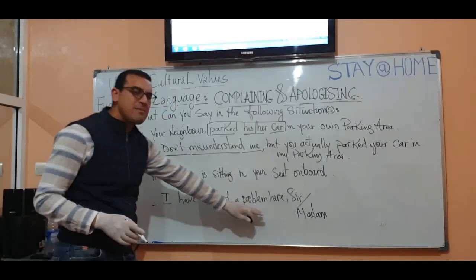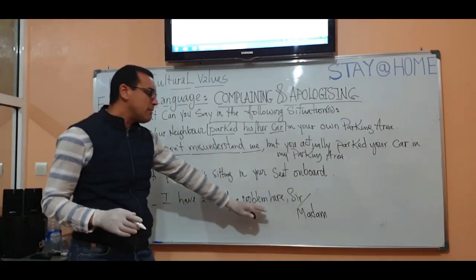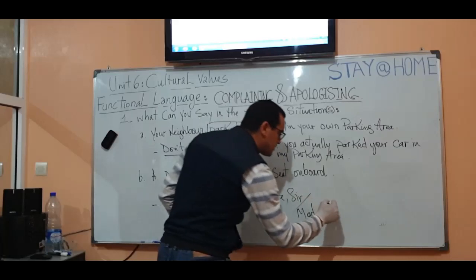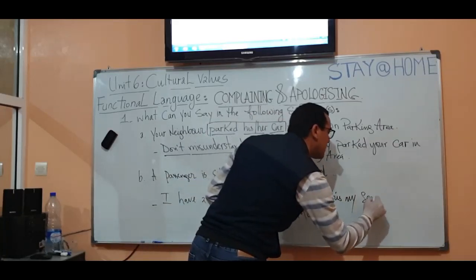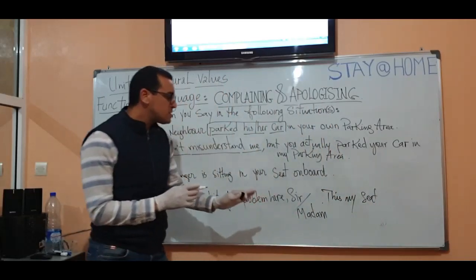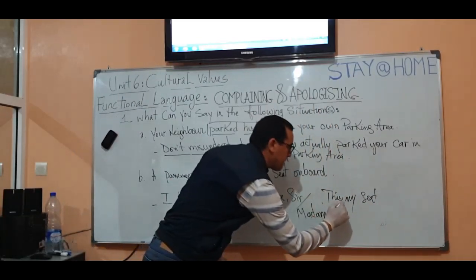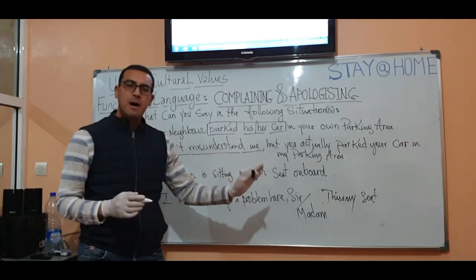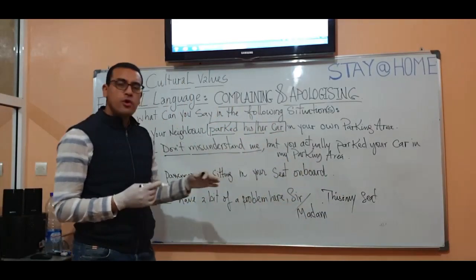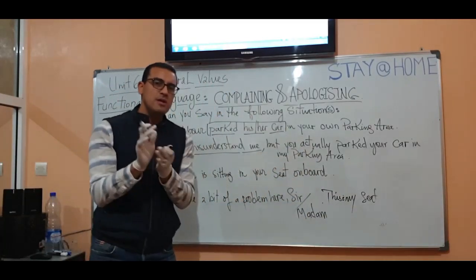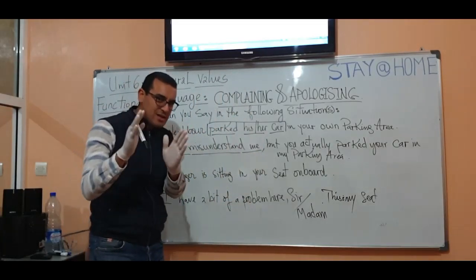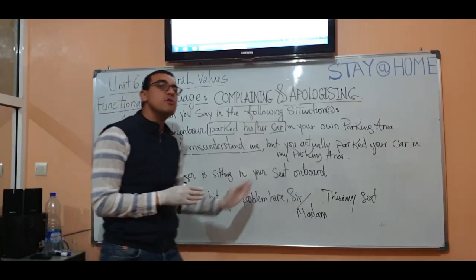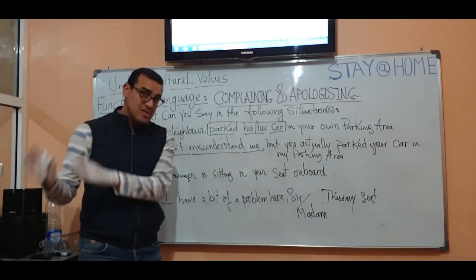So, I have a bit of a problem here, sir, or I have a bit of a problem here, madam. This is my seat, okay? Or you can show them the number, for example. This is my seat number, which means that you have to understand things this way. You have to move away to your own seat, okay?